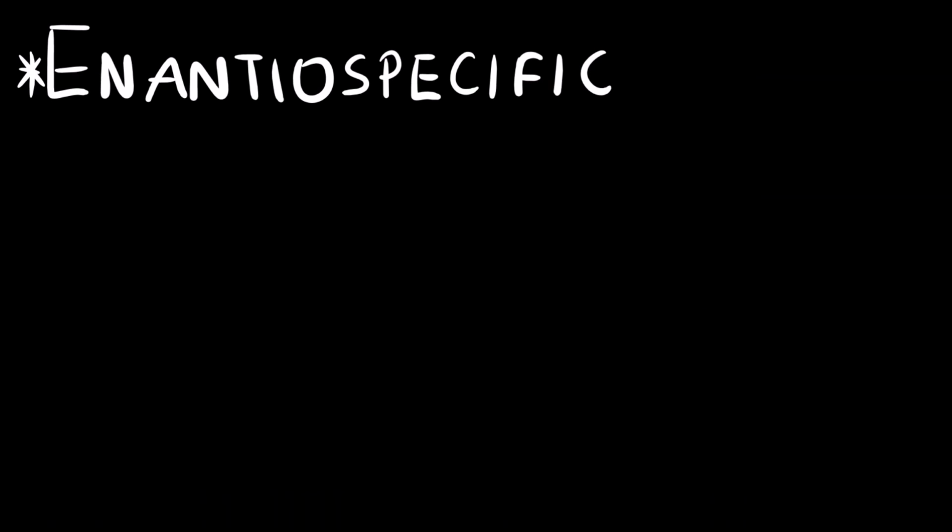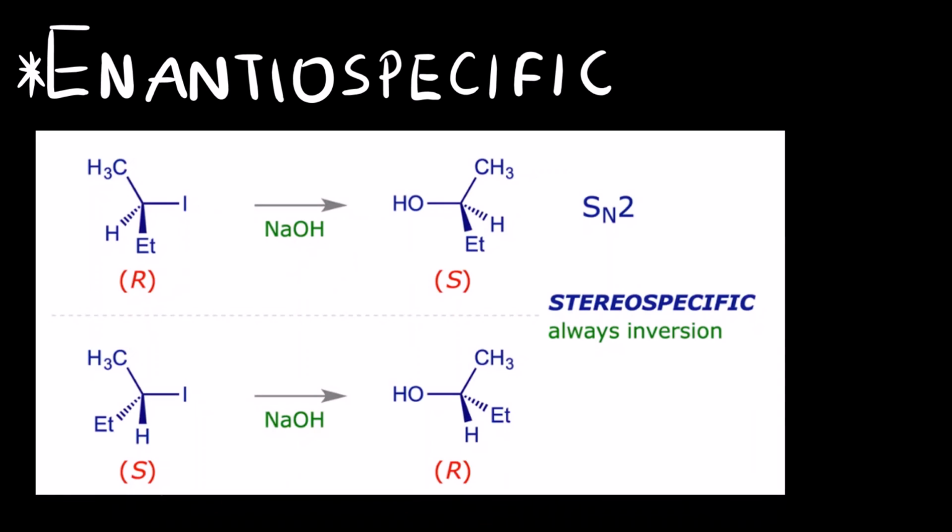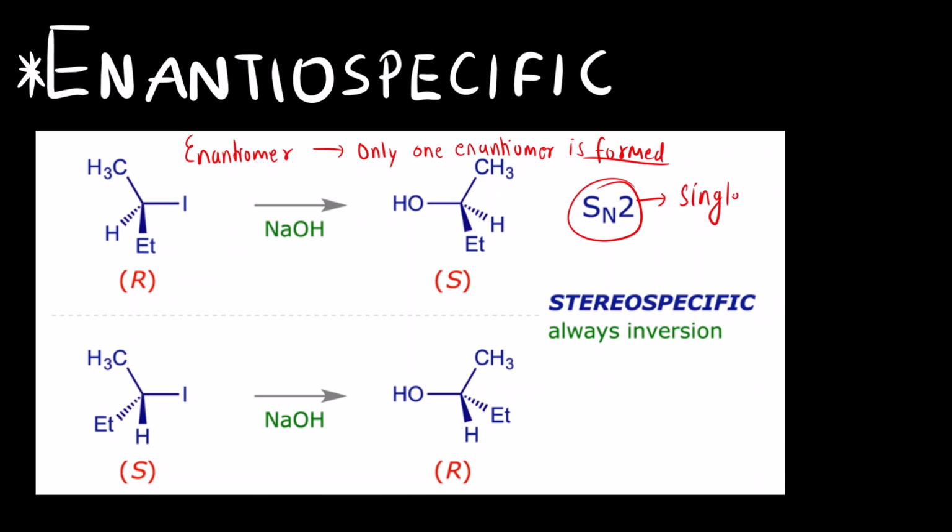Okay, now let us see what is enantiospecific. Enantio means enantiomer is formed, and specific means only one enantiomer is formed. The best example of an enantiospecific reaction is the SN2 reaction. What is an SN2 reaction? It is a single step reaction, also called a concerted reaction.